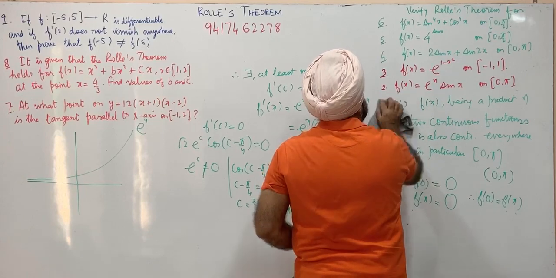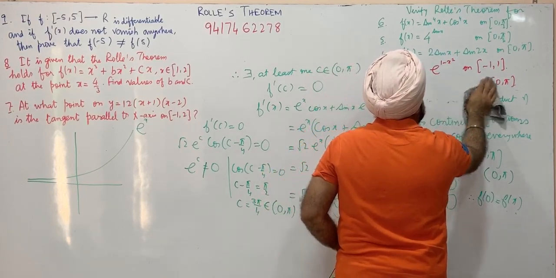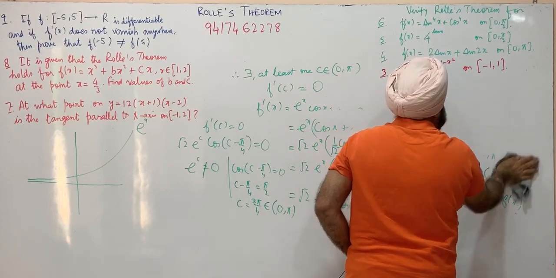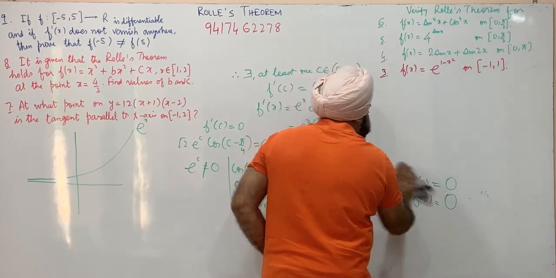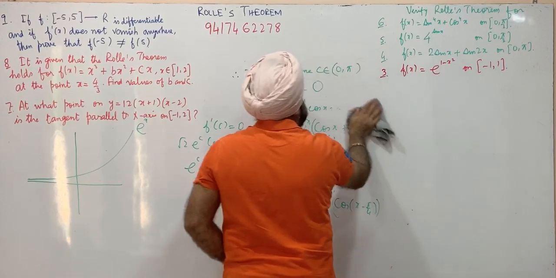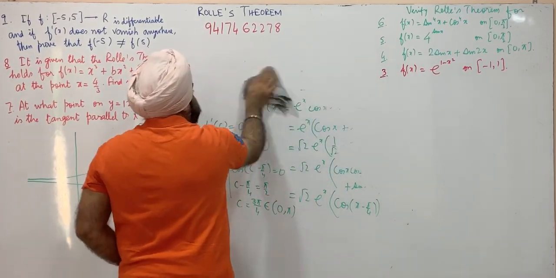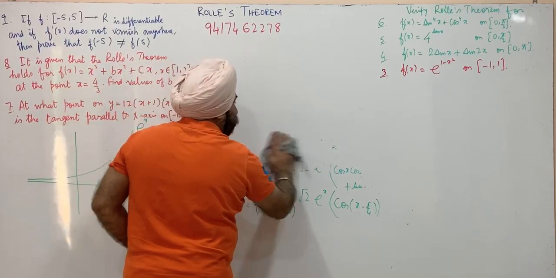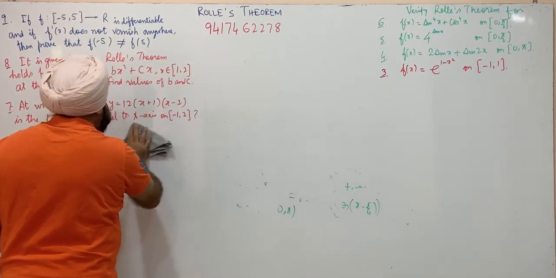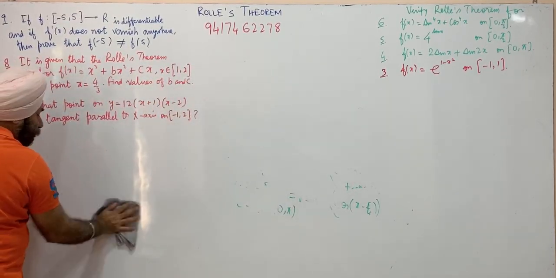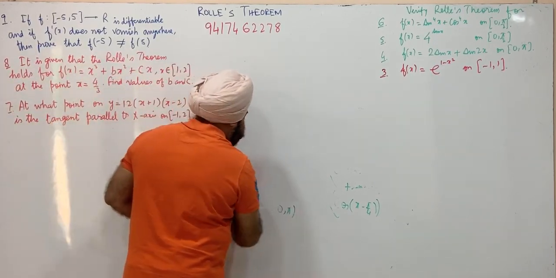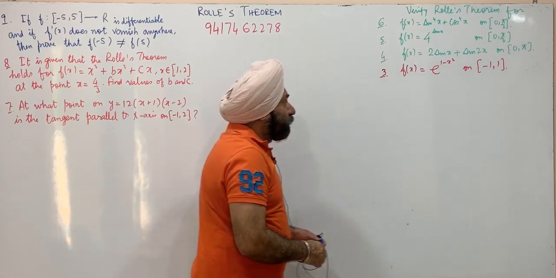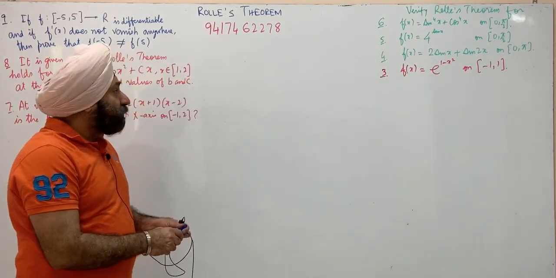f of x is equal to e raised power 1 minus x square, and the interval is from minus 1 to plus 1. Now, e raised power something is an exponential function, 1 minus x square is a polynomial. This is a composite function of an exponential function and a polynomial function. So, if f of x is continuous, g of x is continuous, the composite of f and g is also continuous, similarly differentiable.